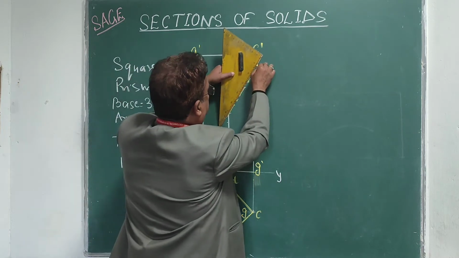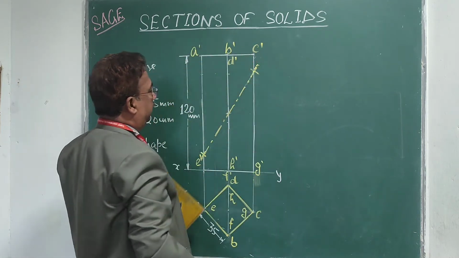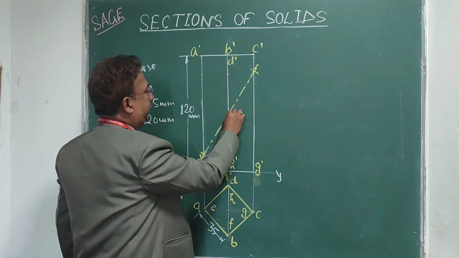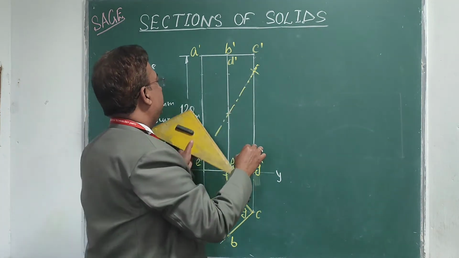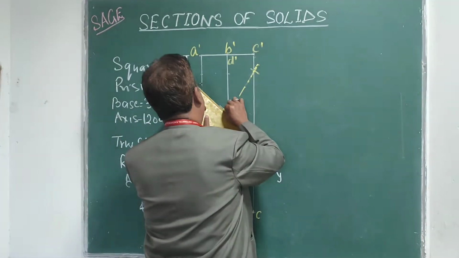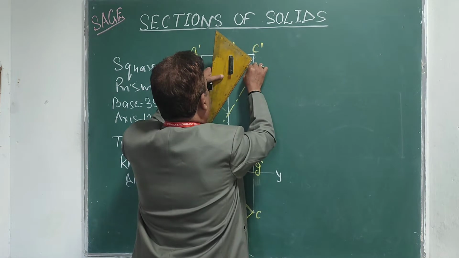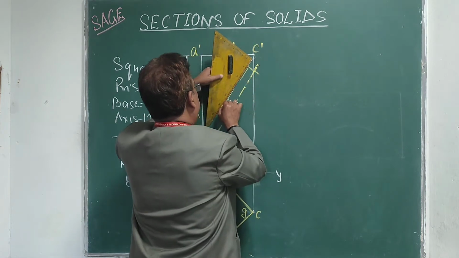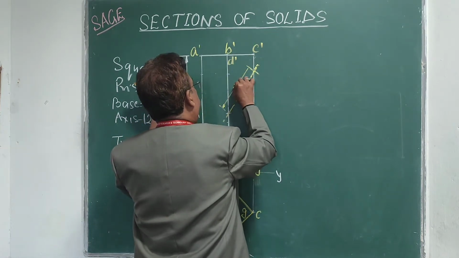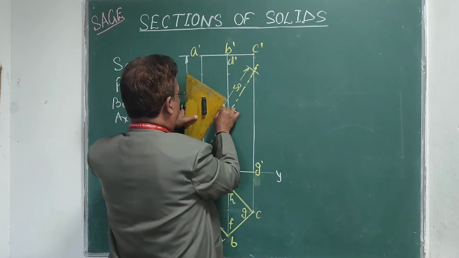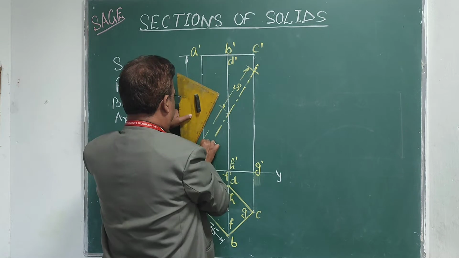Now look at this section plane. By picking the midpoint of the axis, I have taken this radius equal to 50 mm, so I have taken an arc of 50 mm length. If this is 50 upside, downside is also 50.